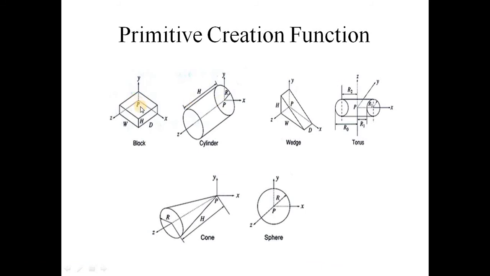For example, if you want to make a cuboid, you select the block primitive from the directory and give the dimensions in x, y and z direction, or the width, depth and height, and you can make a cuboid. Similarly, to make a cylinder, you just have to select the cylinder feature from the library and give the radius and height. In the same way, you can make various 3D models by selecting the primitives from the directory.